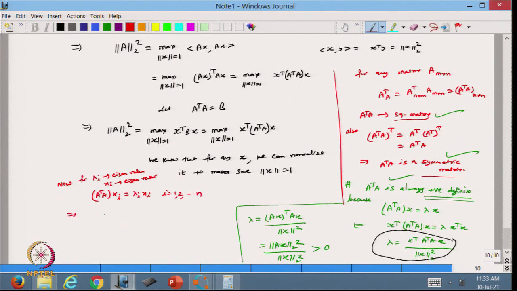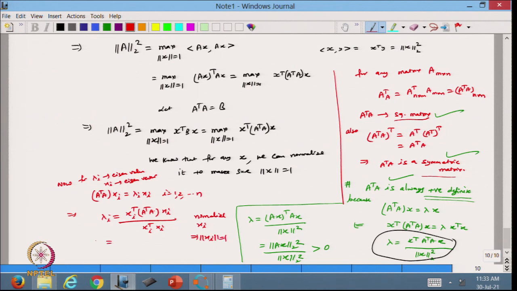Now, working with the same concept, I can write lambda i is equal to xi transpose A transpose A xi divided by xi transpose xi. Now, we can normalize xi so that the denominator becomes 1.